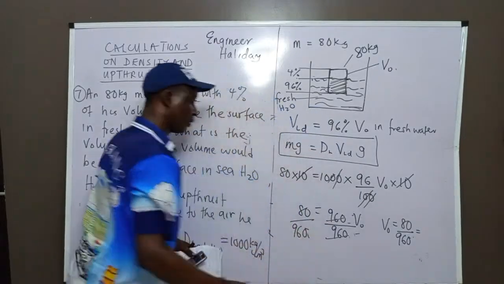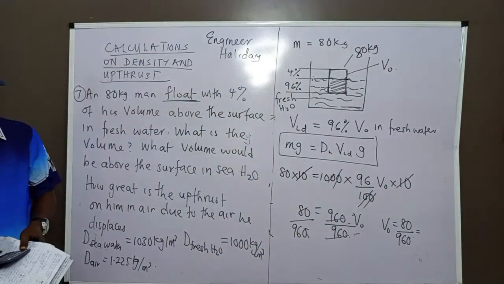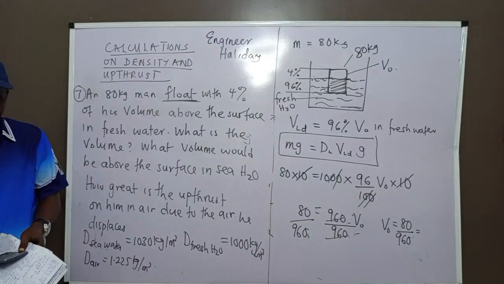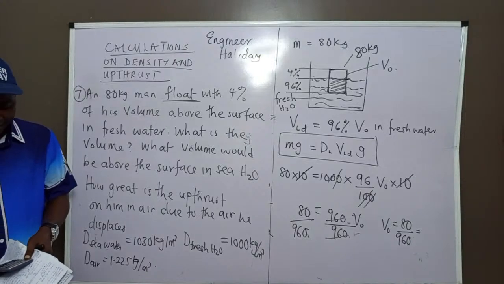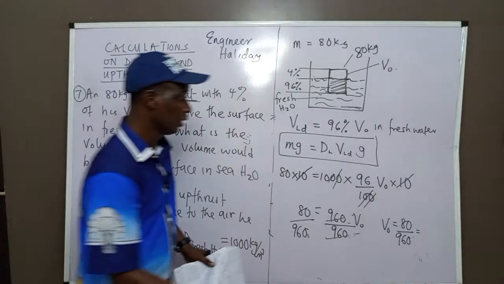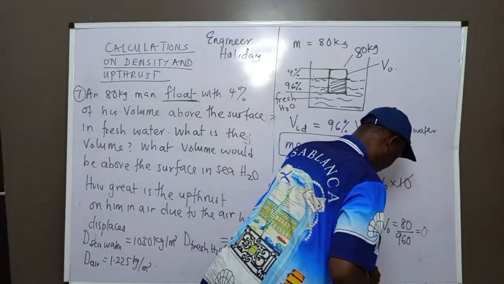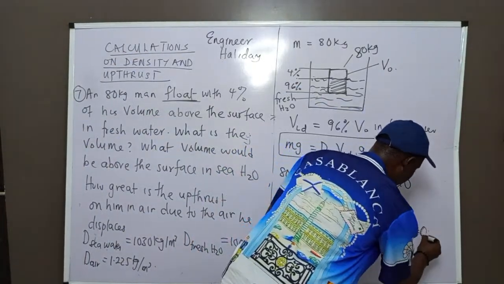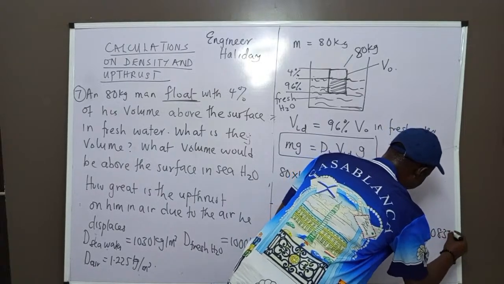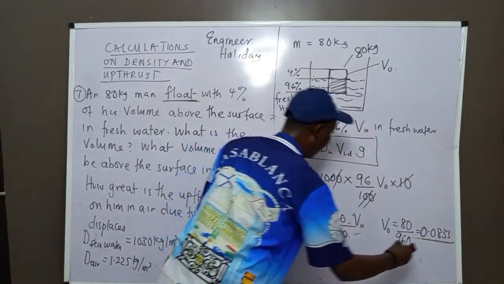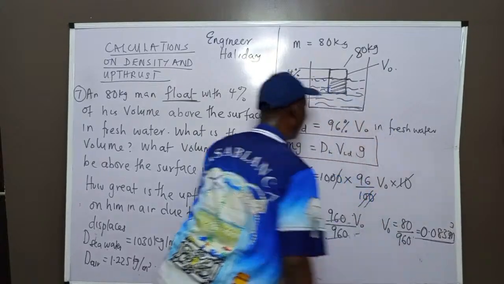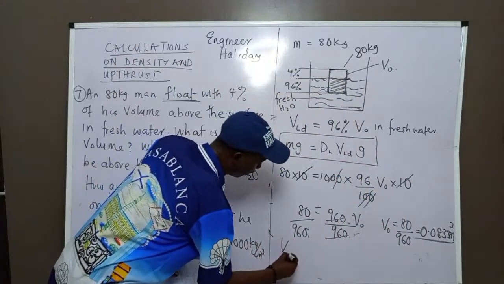Thank you. Viewers at home, just help us by checking so that anytime we notice anything, we correct it. So this will give us 0.008333, which is the volume in meter cube. So that is the volume of the object.